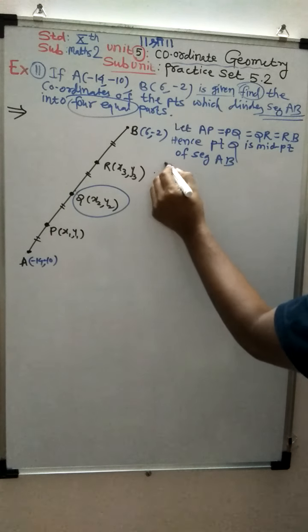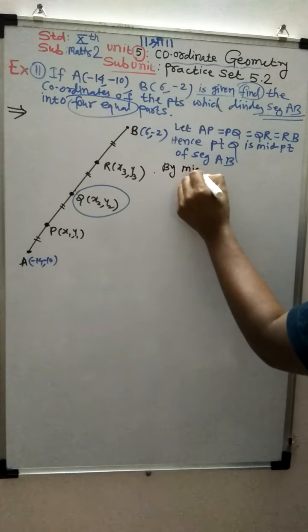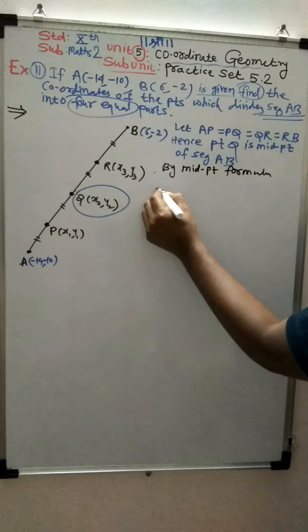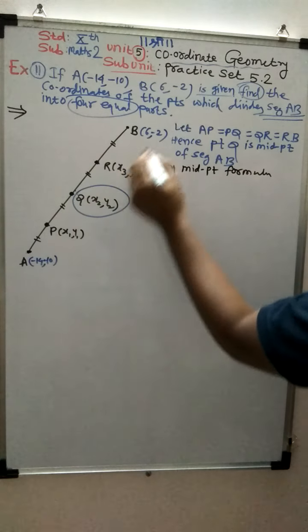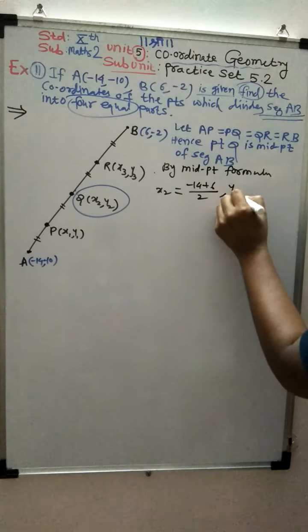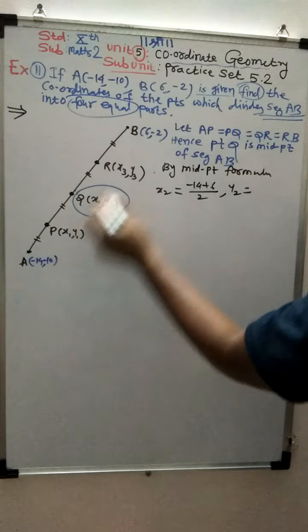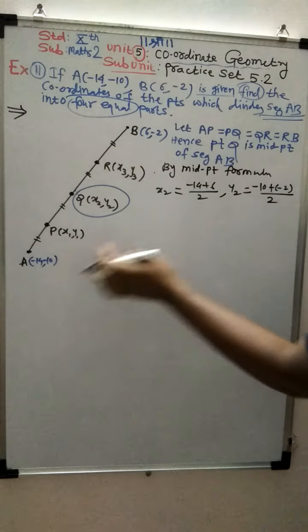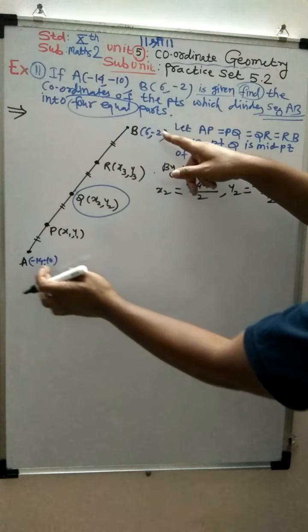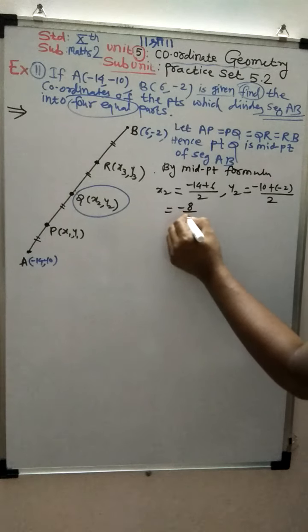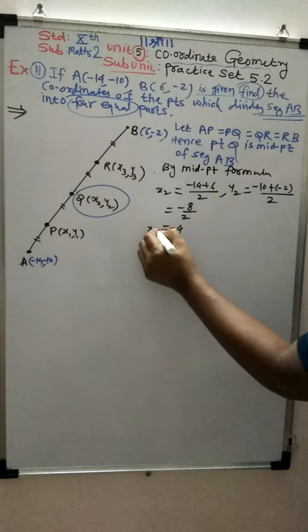So we write, by the midpoint formula, x2 is equal to (-14 + 6)/2, y2 is equal to (-10 + (-2))/2. Sum of the x coordinates divided by 2, sum of the y coordinates divided by 2. Here -8 divided by 2 gives -4.